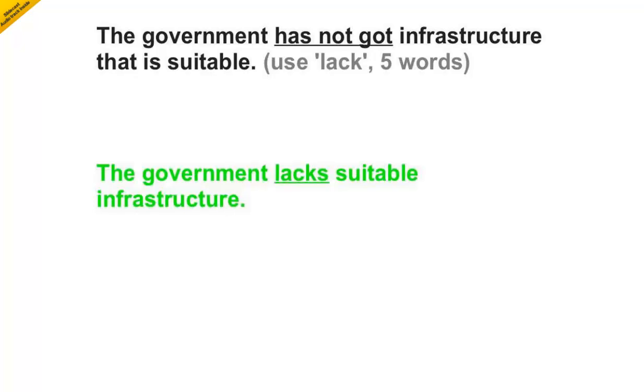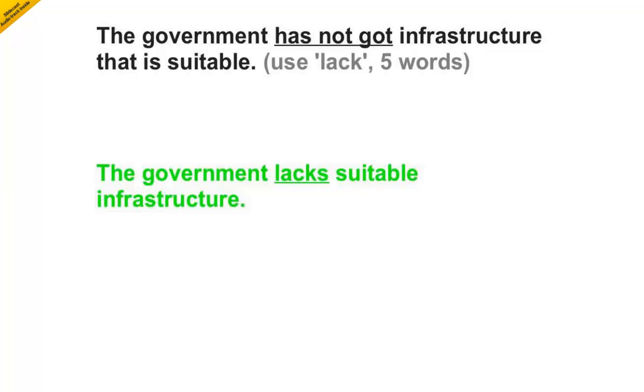For example, in our essay, if we've got a sentence that says, the government has not got infrastructure that is suitable. Okay, we can say this so it means exactly the same but with fewer words. What we'd say is, the government lacks infrastructure that is suitable.